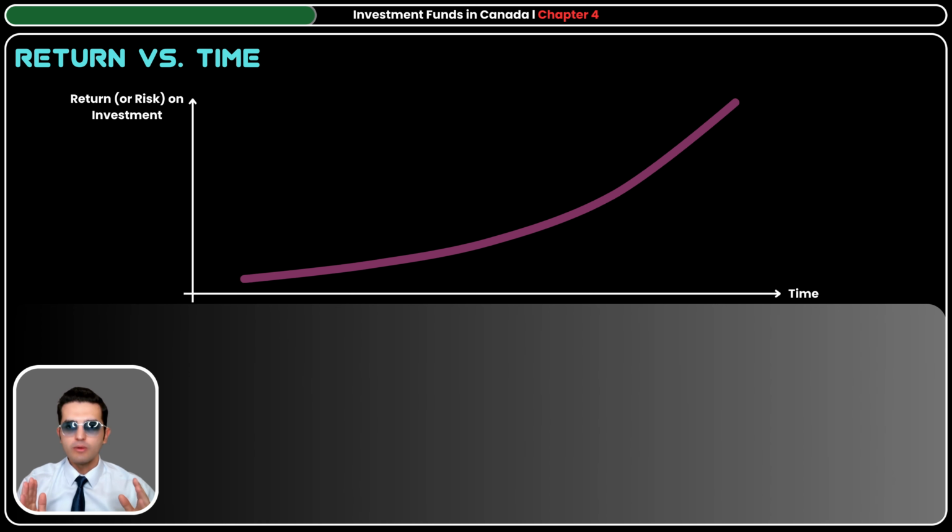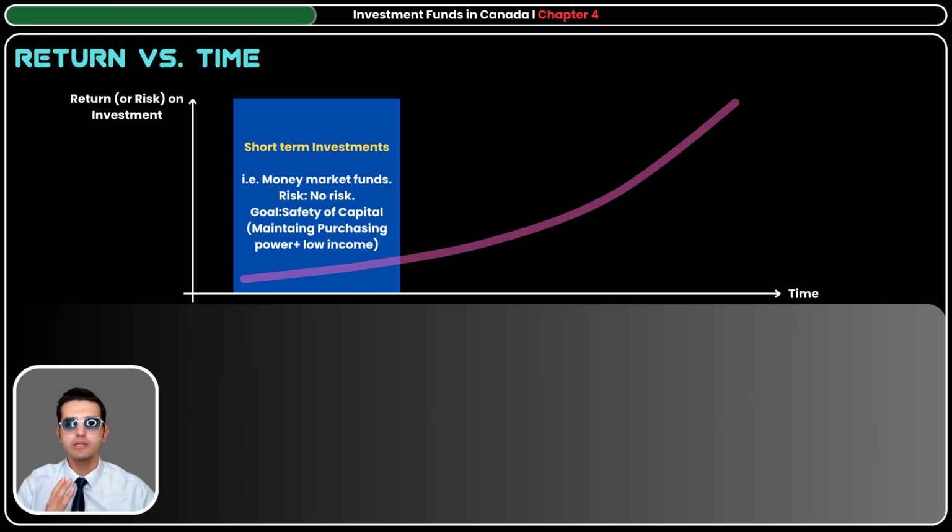Great. So, examples of short-term investments are money market funds. Money market funds are those which have less than 1 year term. So your investment ends in 1 year. The maximum is 1 year.